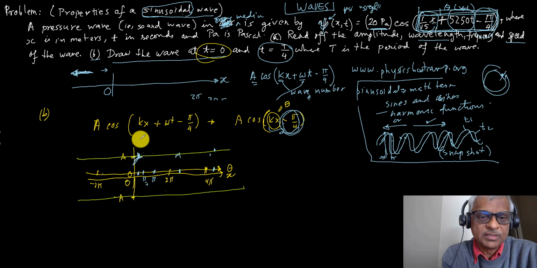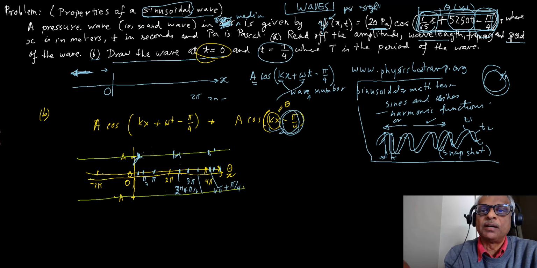This one is 2 pi, this is 3 pi, 2 pi plus pi over 2, and this one will be over here.